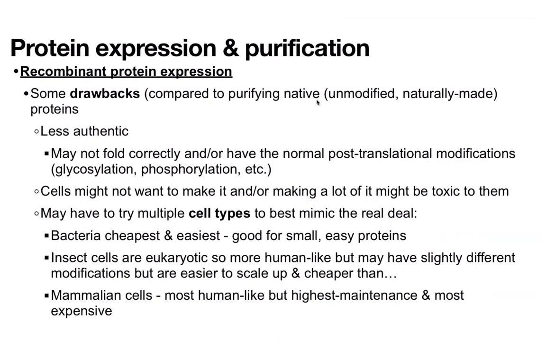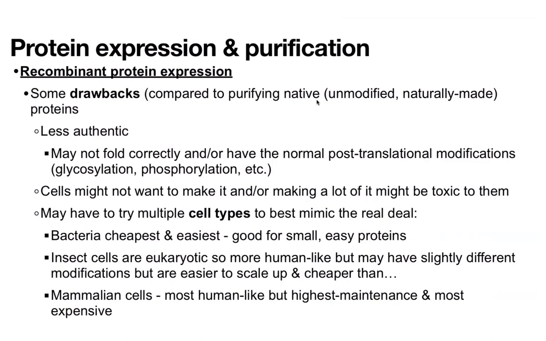These are things like glycosylation, the addition of sugar chains, phosphorylation, the addition of phosphate groups, etc. Those require specific enzymes that different cells have different versions of. Insect cells might have different versions of those glycosylators and phosphorylators, or kinases, than human cells, say, and bacteria might not even have them at all.